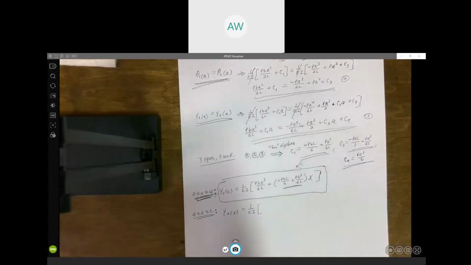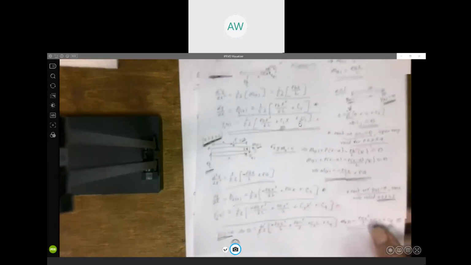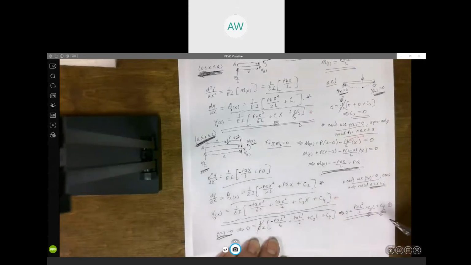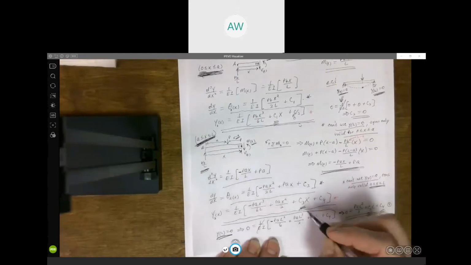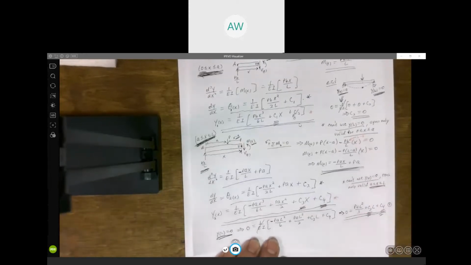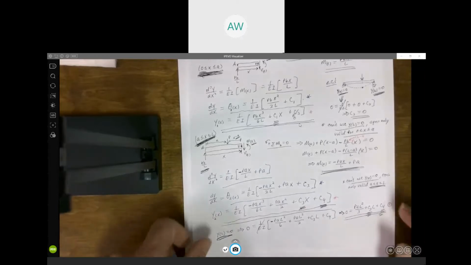So now, if I go back to that first page again, we're taking this equation, excuse me, and we're going to substitute in what we found C3 and C4 were, and then that'll be our answer.